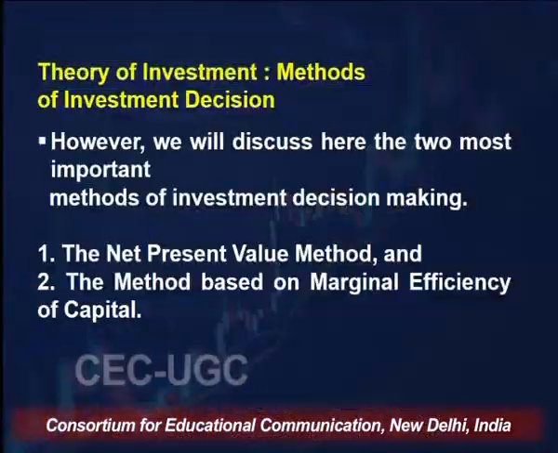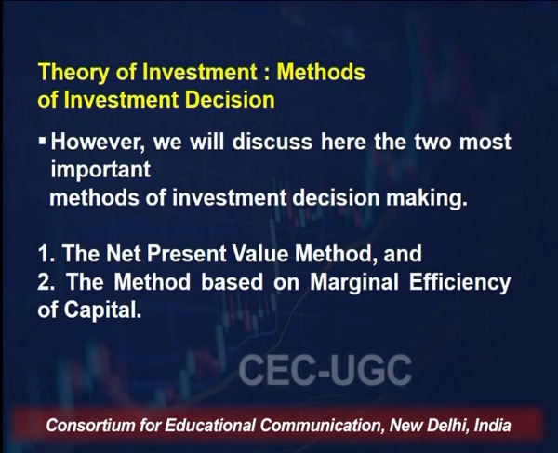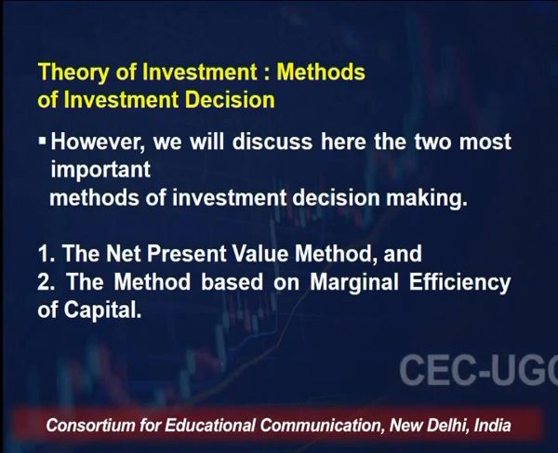So theoretically as well as practically, there are different methods of making investment decisions. Now we will discuss two important methods: first is the net present value method, and the second is the method based on marginal efficiency of capital.